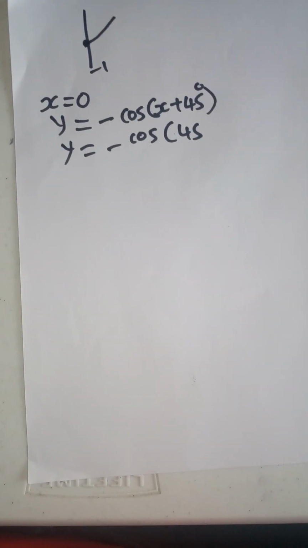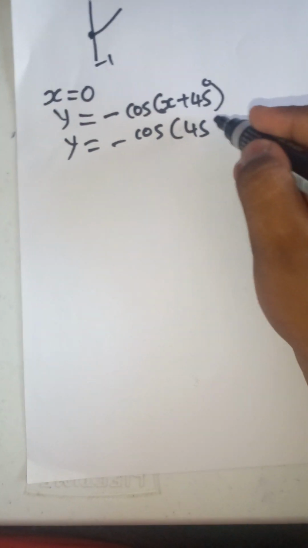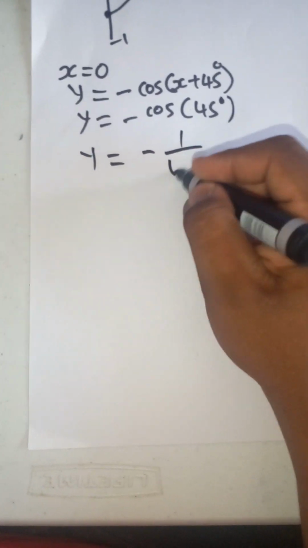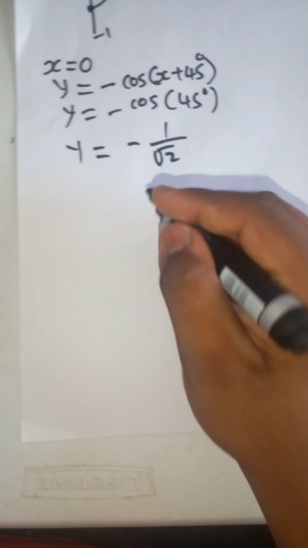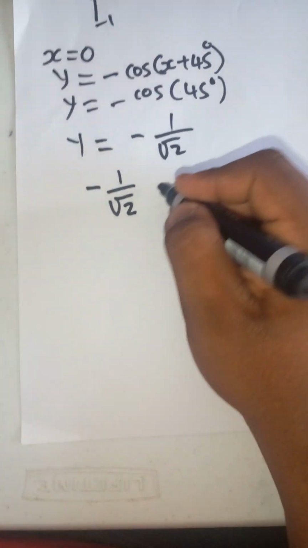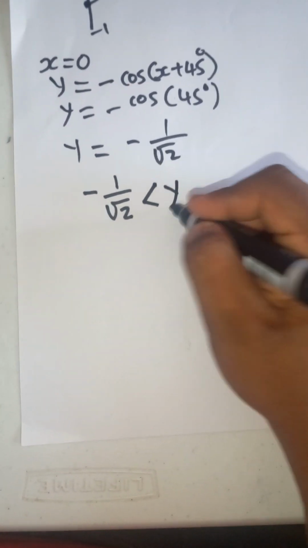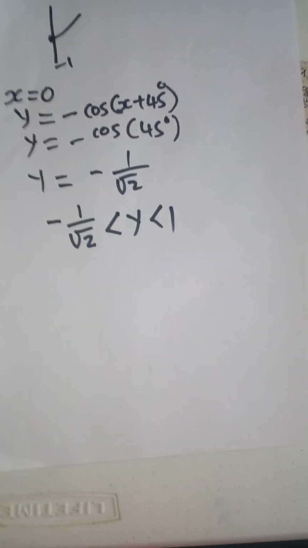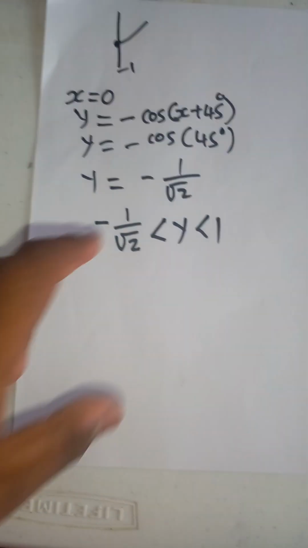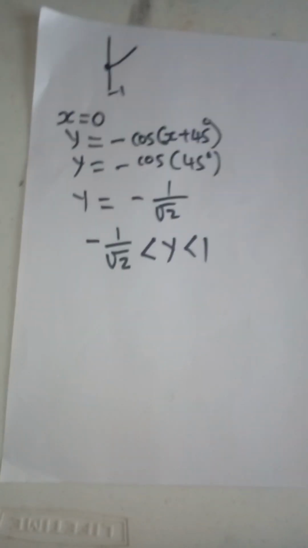It is the same as having negative cos 45 degrees, which means y = negative 1 over root 2. So the range is from negative 1 over root 2 up to 1. That's how we represent the range. It starts here and ends there at 1.